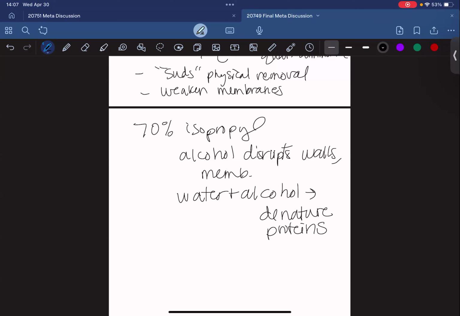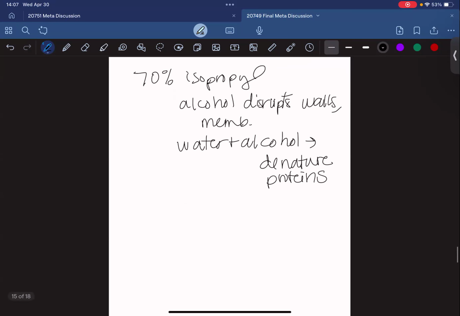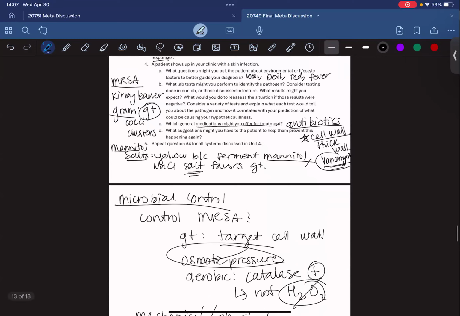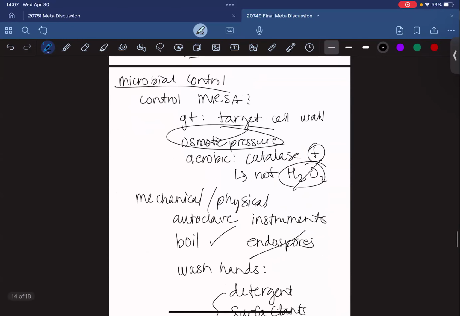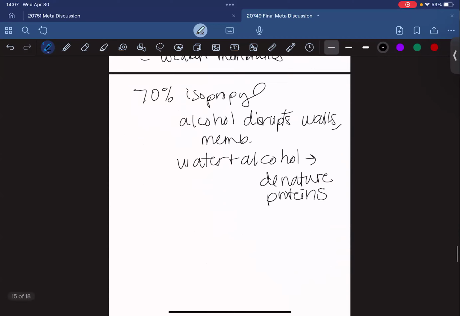That will also lead to killing the bacteria. It might not sterilize the area of any endospores, but it should be able to get rid of bacteria like this, where we have actual vegetative bacteria. And most of our cleaning methods will get rid of our vegetative cells pretty well.